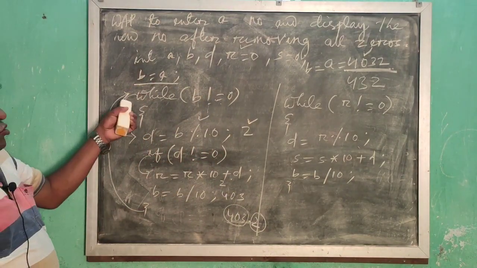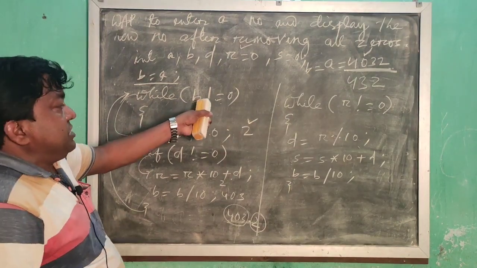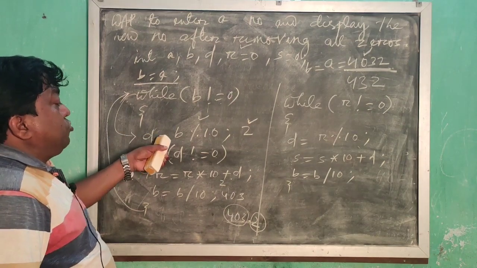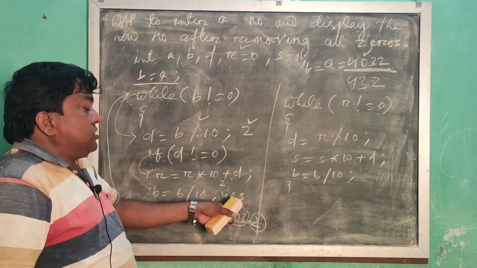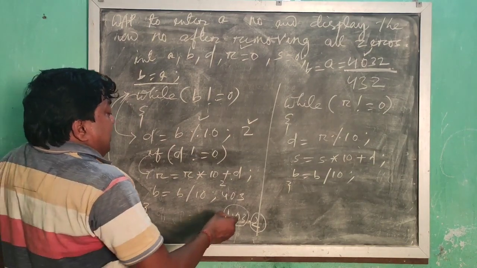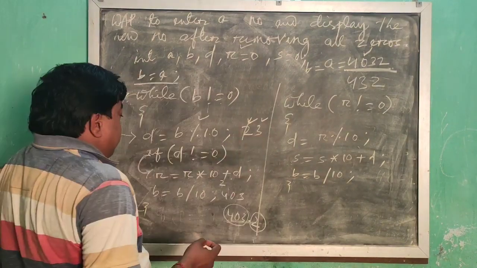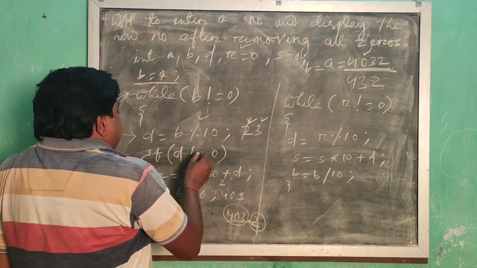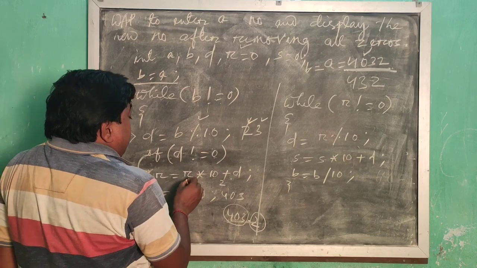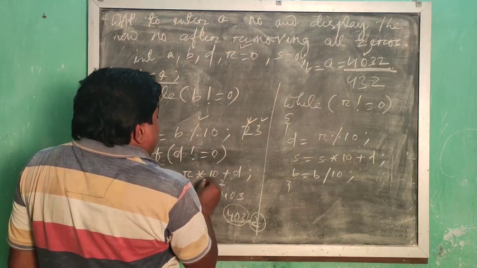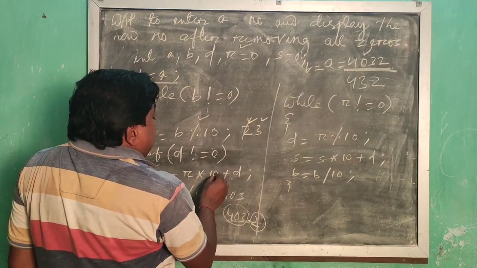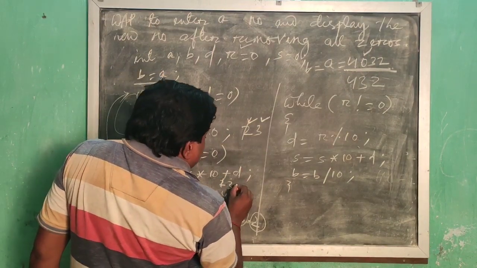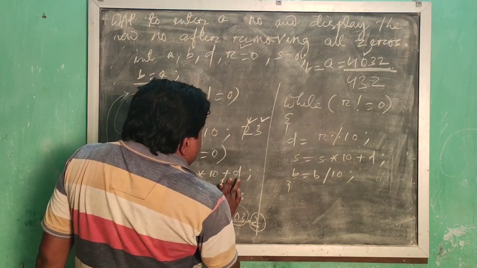When it comes back to the while loop, that time it will check the condition b is not equal to 0, is it true? Yes. Then it goes through the loop, means d equal to b modulo 10, b is 403 modulo 10 means it will be 3. Okay, if d is not equal to 0, is it true? Yes. Then it goes through the loop, means r equal to r into 10 plus d. R was 2, then 2 into 10 is 20 plus d is 3, then it will be 23.